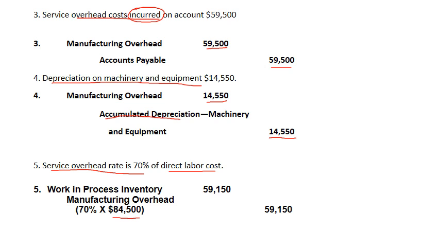The cost of direct labor was 84,500, and then overhead will be charged 70% of that, or 70 cents on the dollar. So you just multiply the cost of direct labor by 70%, and you get 59,150. So you debit that to work in process, credit the manufacturing overhead account.